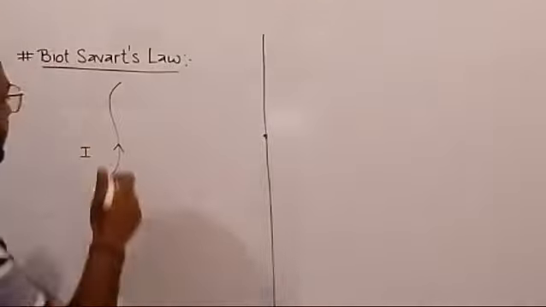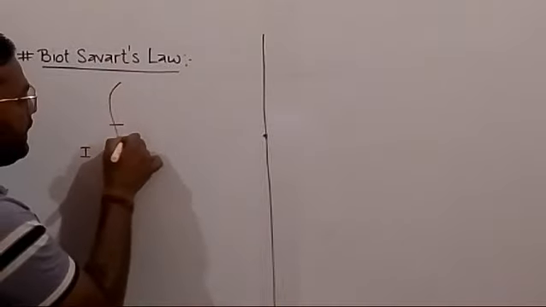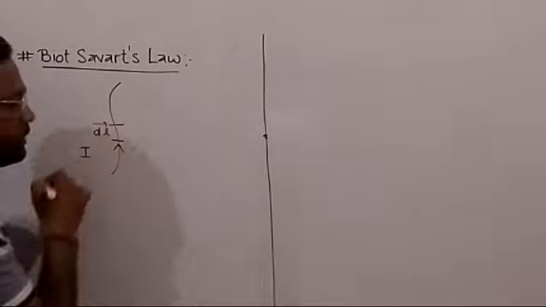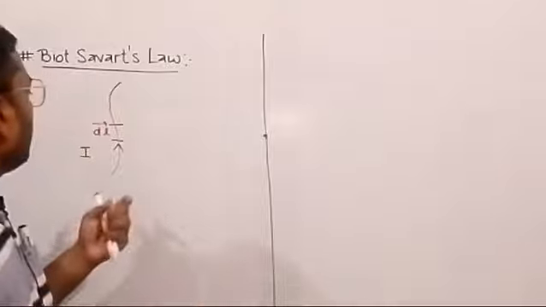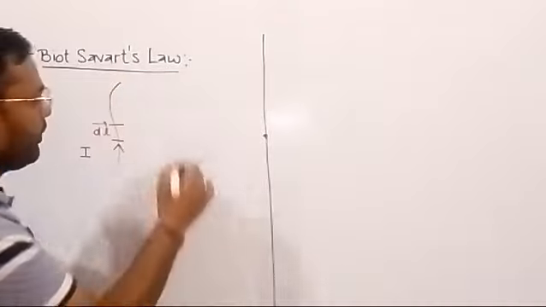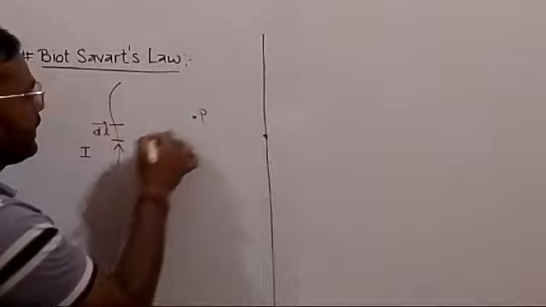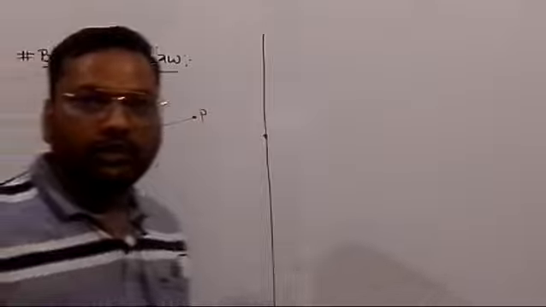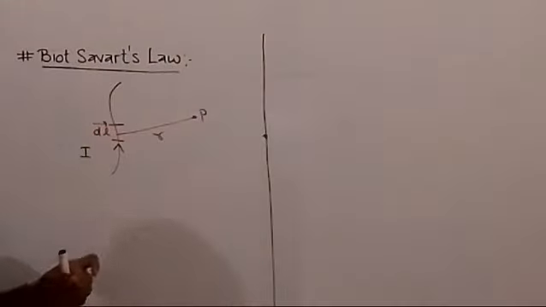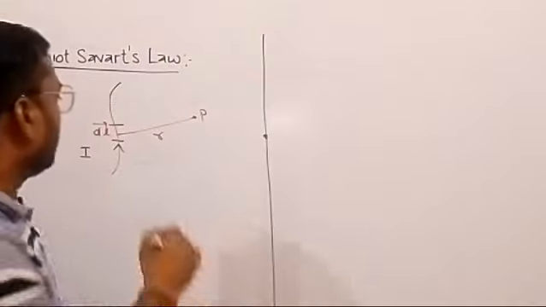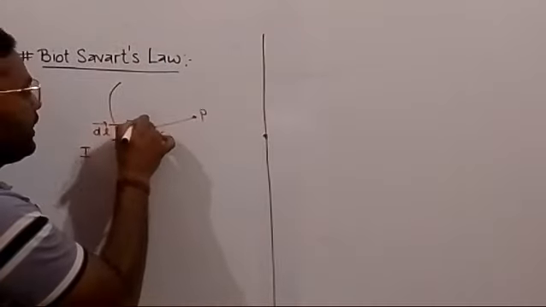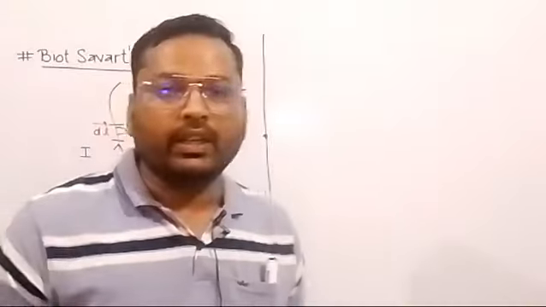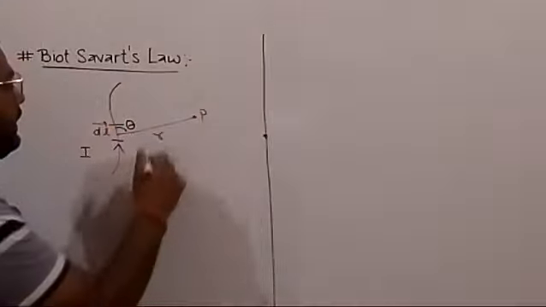Guys, we take its dl length element, a small length element, by which we can find the magnetic field at a point P, which is at a distance r from the center of the length element, and theta is the angle made between the dl vector and the r vector.